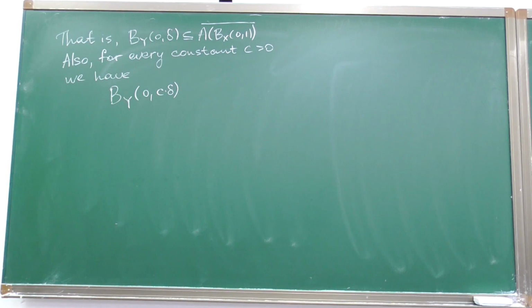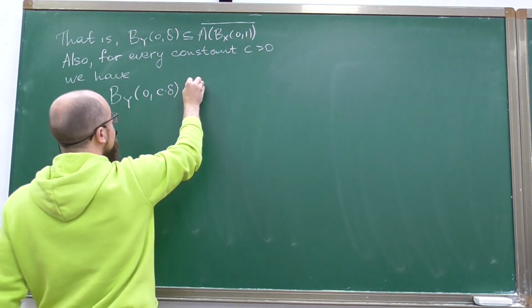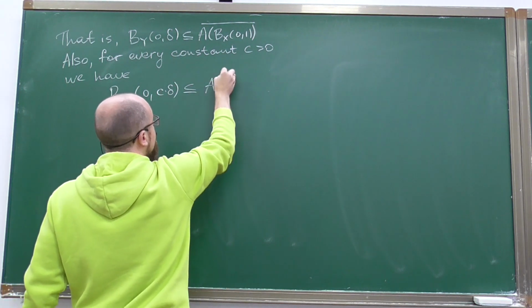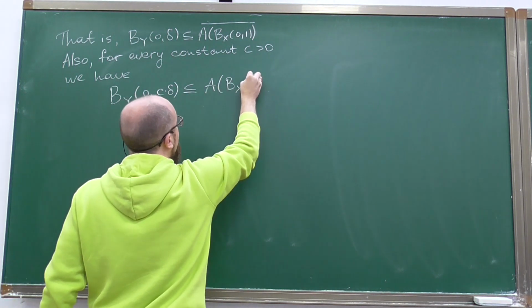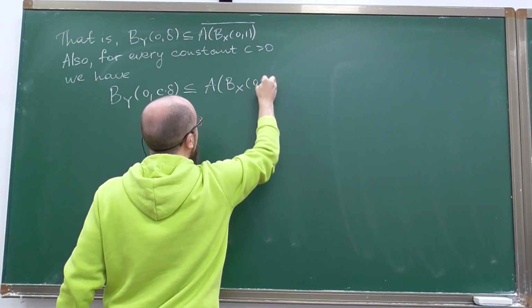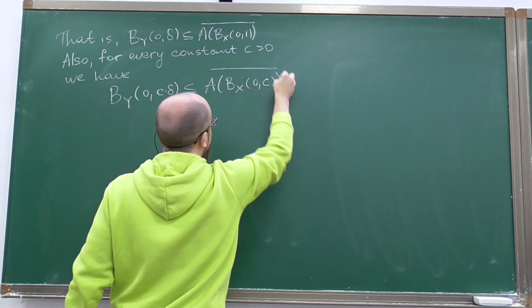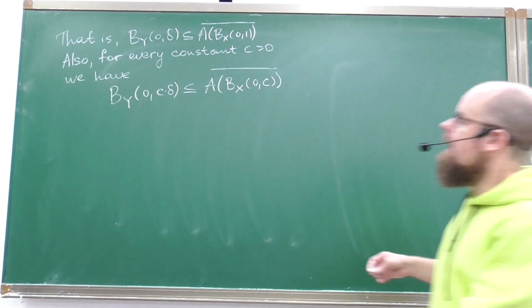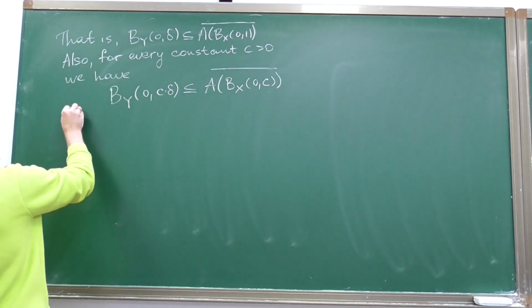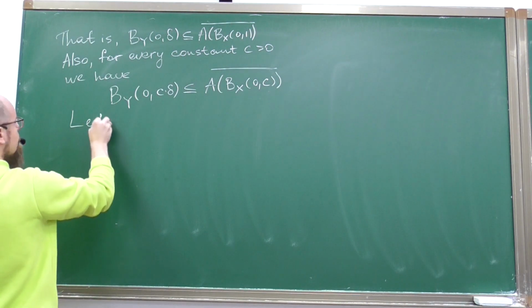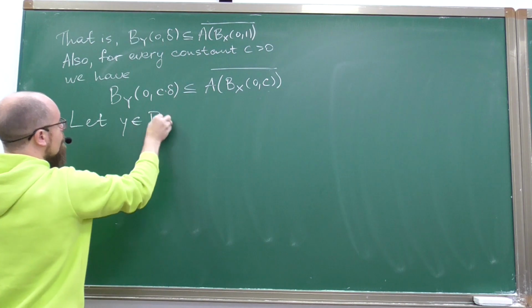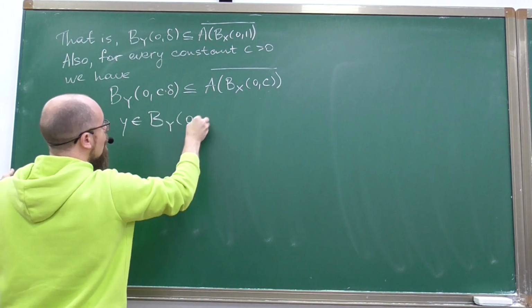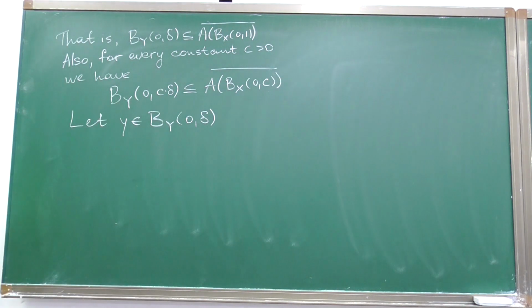And if I enlarge the set on the right by c times, using the linearity of A, this will be the image of the ball of the radius c. Now let me take a point y from the ball of the radius delta centered at 0.